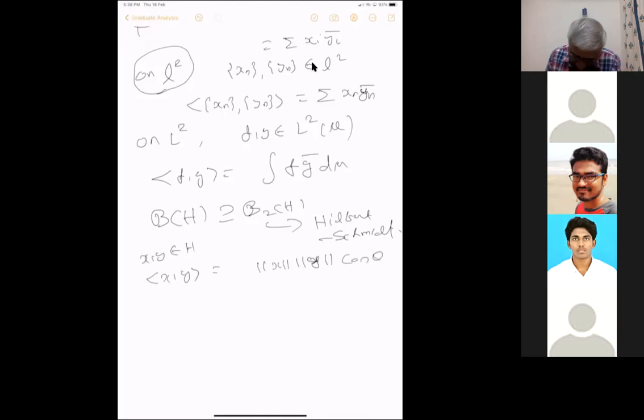So if the inner product is 0, then theta is 90. It's orthogonal.